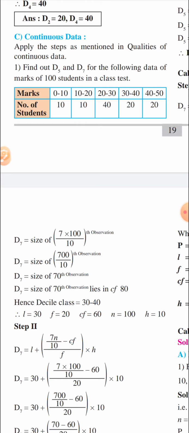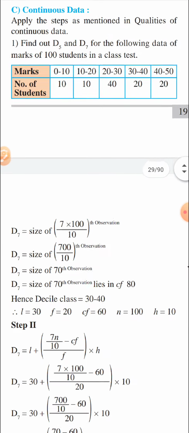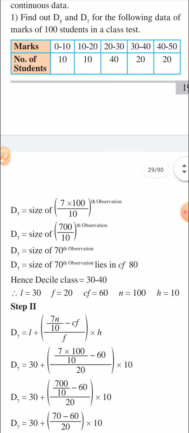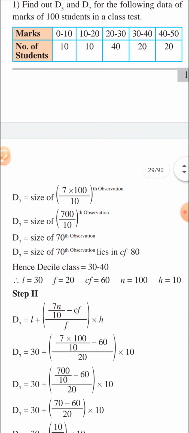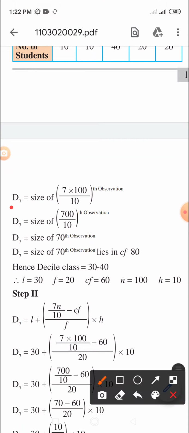Okay, so D7 is equal to size of 7 into 100 upon 10, bracket complete, observation. So D7 is equal to size of 700 upon 10th observation.